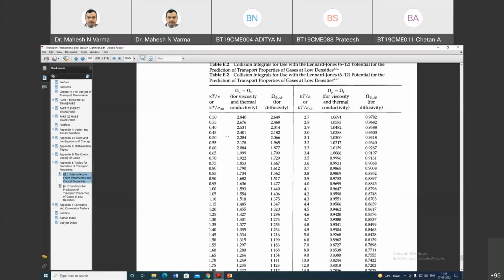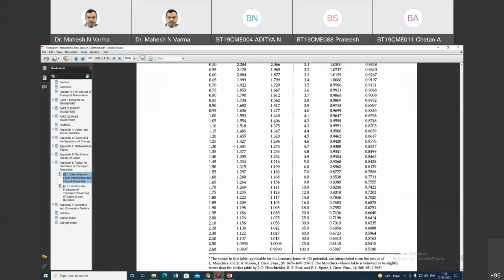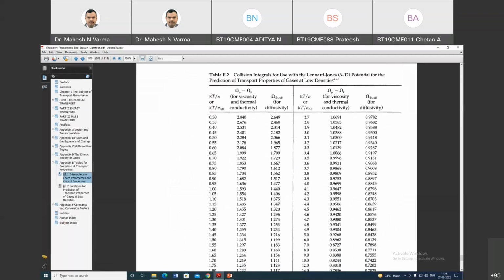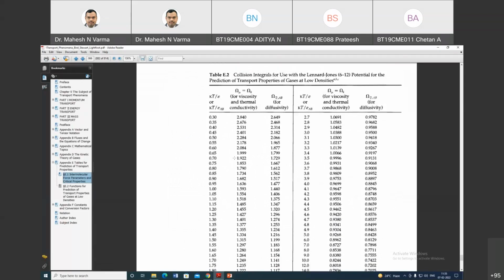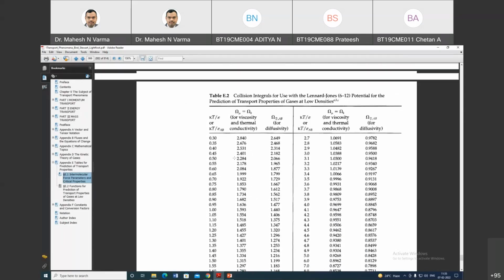So yeah, you can see, I have broken this table. I have given only this information. kT by epsilon is starting from 0.3, and it is given continuous up to 100.